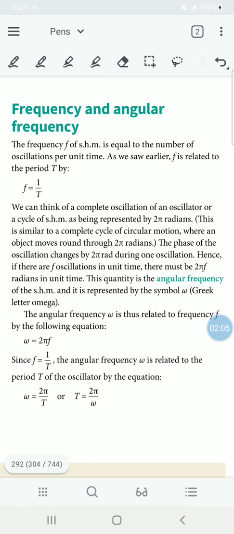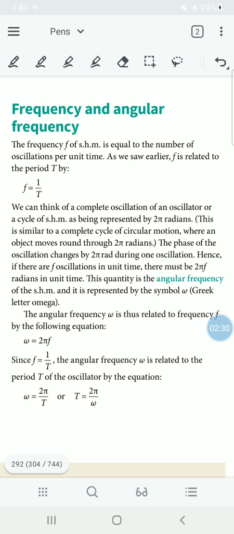There is no reference to a circle. But if you take a pendulum, we can make a comparison, that a single oscillation or one complete oscillation is equal to 2 pi radians.